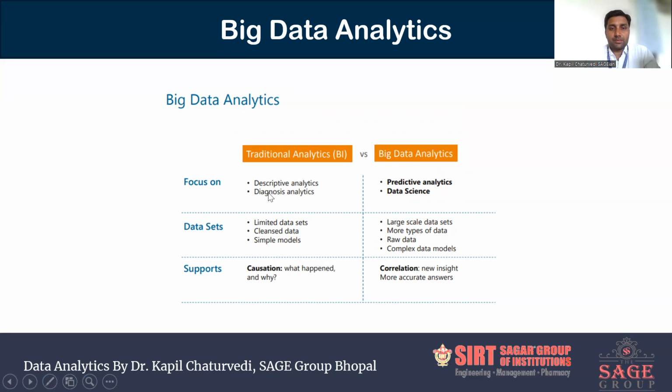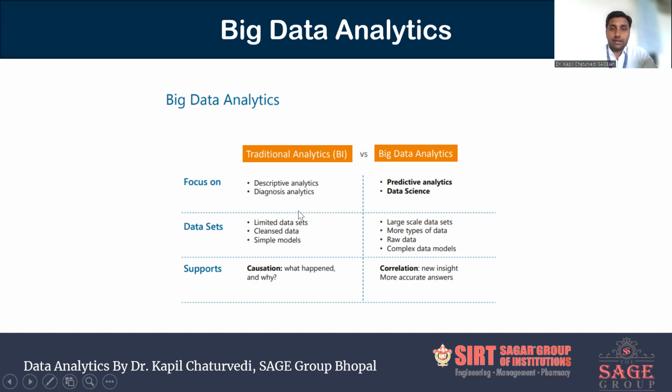Traditional analytics focuses basically on descriptive analysis and diagnostic analysis. This is a simple kind of analysis. But if we are talking about big data analytics, then we are talking about predictive analysis. It means we generate knowledge from a huge amount of data by analyzing it, by performing different tasks in the form of algorithms over the data, and trying to fetch some knowledge from a prediction perspective.